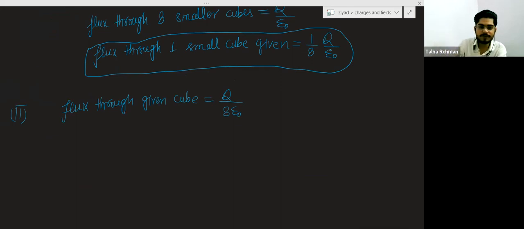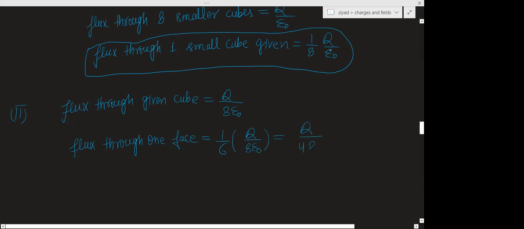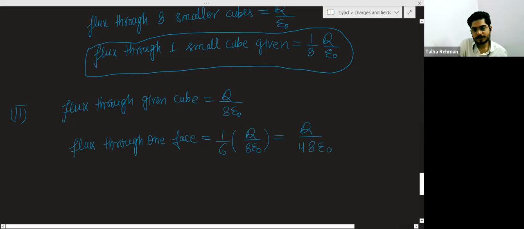If we want to find the flux through one face, because the cube has 6 faces, we will write 1 by 6 of this, and you will get the answer q by 48 epsilon naught, and this is wrong.